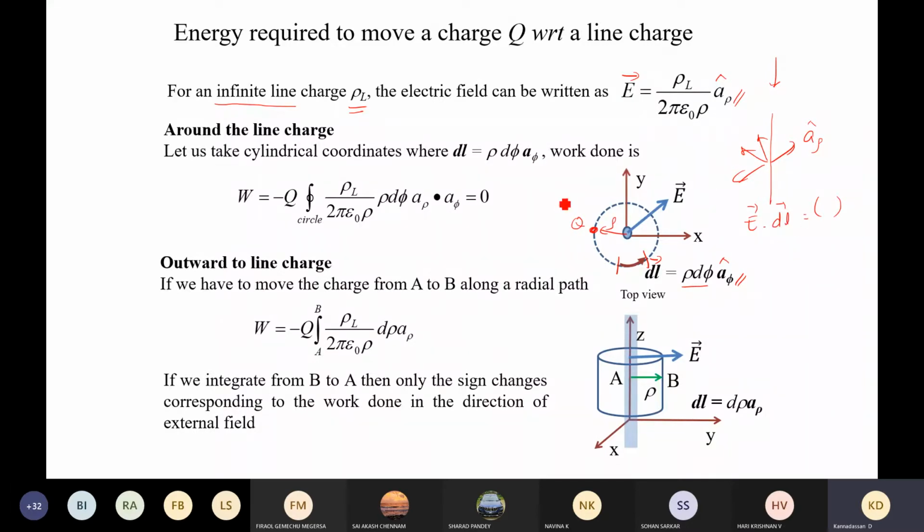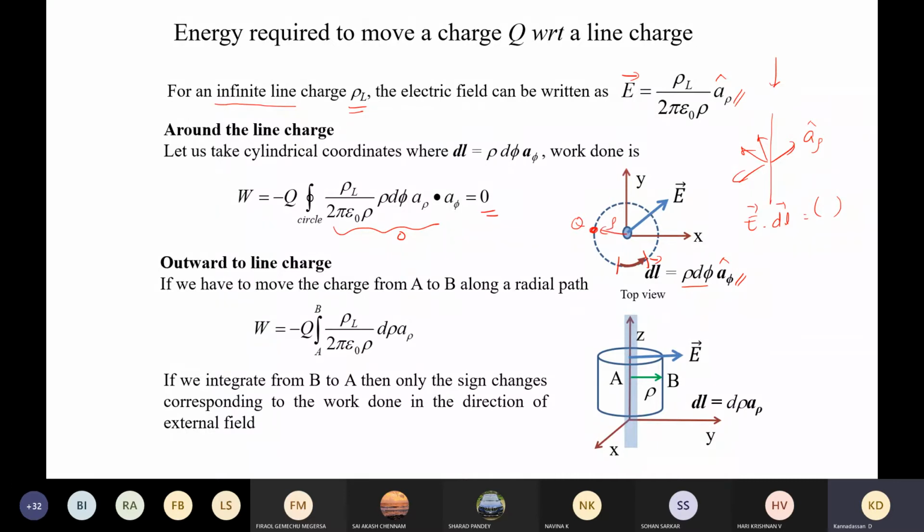By this way, the dot product will be 0, and therefore the integration will become 0. In other words, there is no work done by the charge in order to move around the line charge in a radial manner.